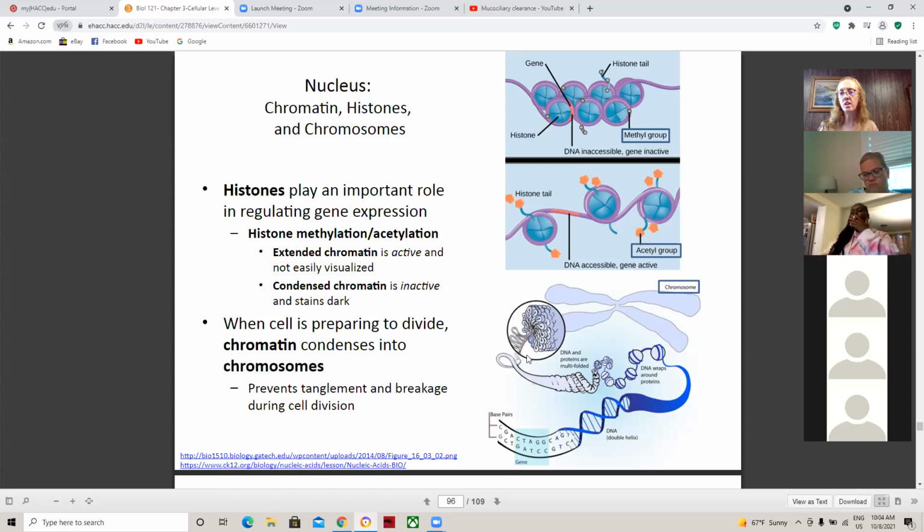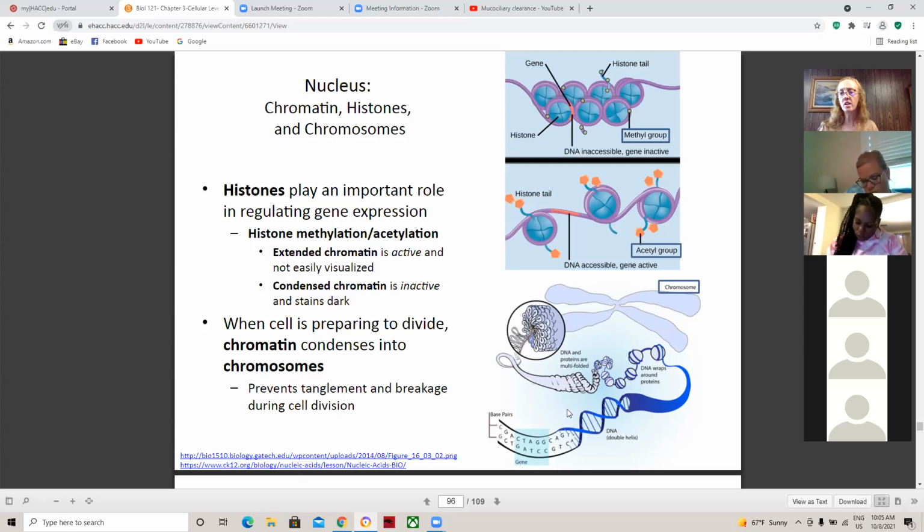When a cell is preparing to divide, the chromatin is going to condense into chromosomes. This prevents tangling and breakage during cell division. Before the cell starts to prepare for mitosis, the chromatin is loose, string-like, diffuse material within the cell.